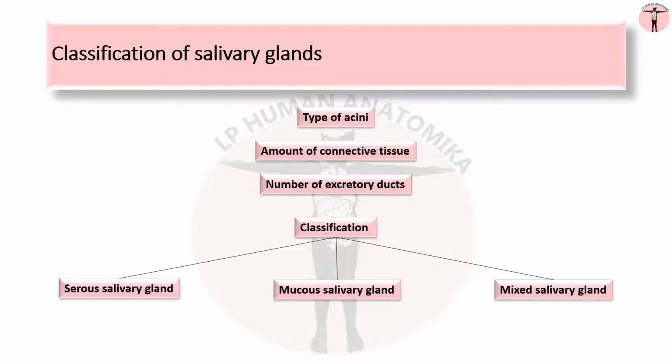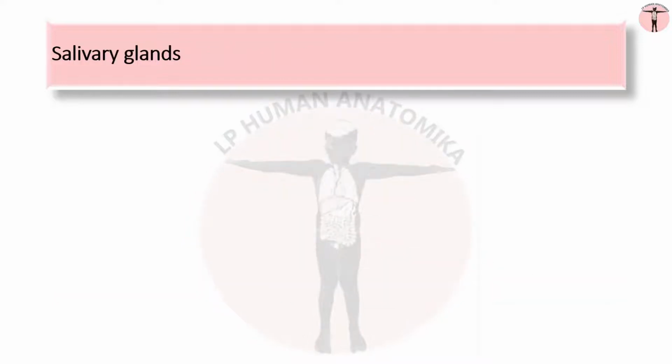But salivary glands classification is based on the presence of predominant type of acini, amount of connective tissue, and number of excretory ducts. We will now see the details of three types of salivary glands.